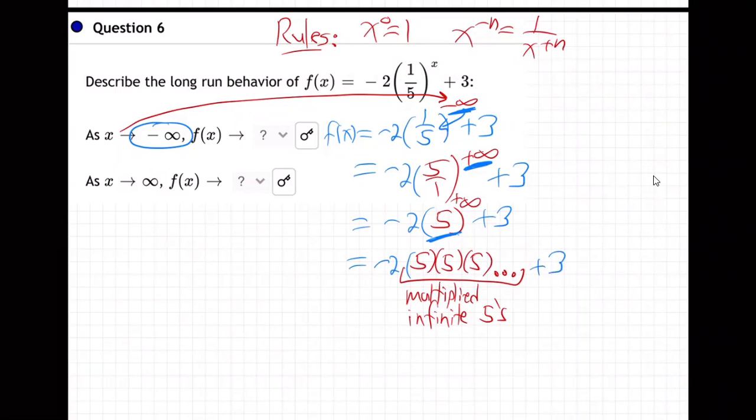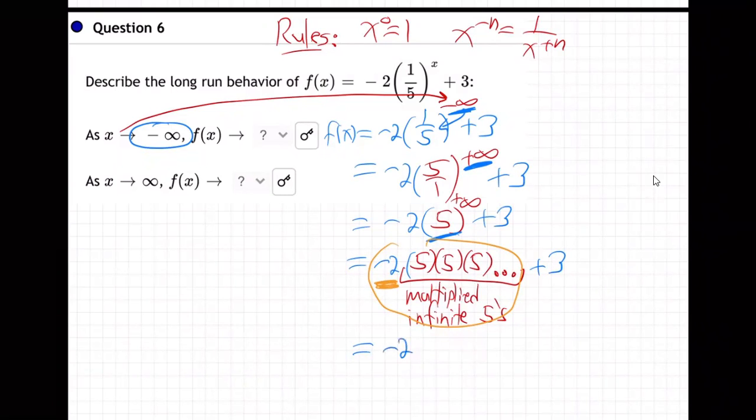So what's that going to equal? Well, if you take your calculator and go 5, 5, 5, 5 forever, this all right here is going to be negative infinity. Why? Because there's a negative 2 in the front. So negative 2 times infinity. In fact, I can do it more slowly if that helps.